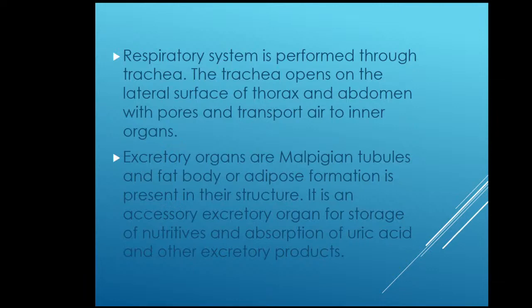The excretory organs of Insecta are Malpighian tubules and fat body. The fat body is an organ for storage of nutrition and absorption of uric acid and other waste products.